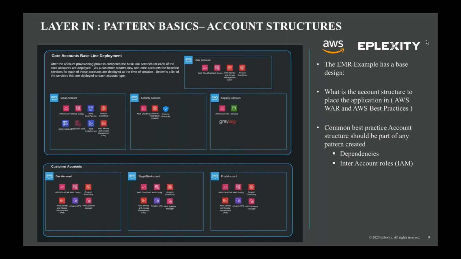You're going to have a logging account that's going to centralize your CloudTrail. It could have supplementary logging systems, but it's really also equally for auditing and other aspects. And you're going to likely have a CI/CD account, which could be a shared services account. Those follow AWS best practices, and we certainly recommend that those get set up before you start thinking about broadening out and creating application patterns. Because once you've set up your account structures, it can be sometimes very difficult to go back and then replumb things in.